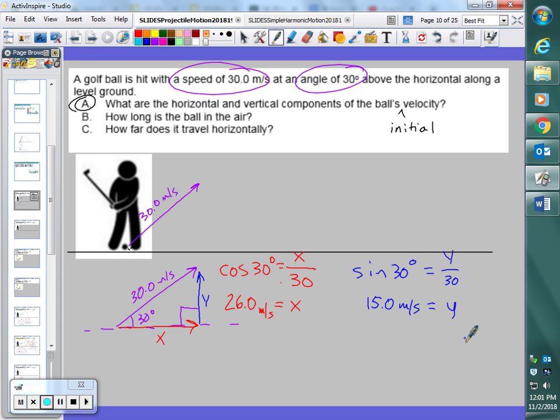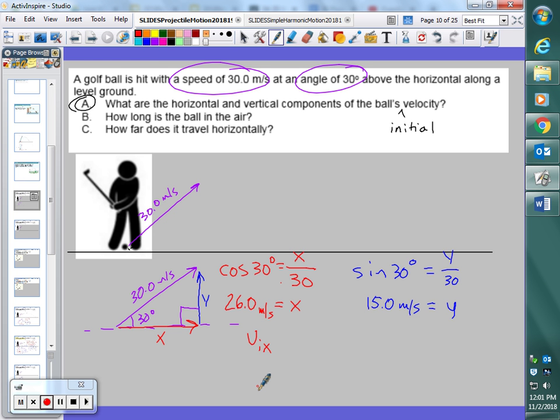It's not horizontal, it's not vertical, so it has components. This horizontal component, the red arrow in this picture, is the initial velocity in the x direction. That's how fast this object was moving horizontally right after the golf club hit it.